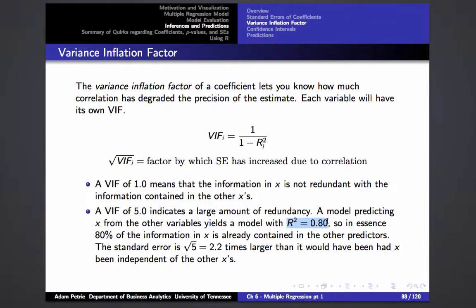So a multiple regression model predicting xi from the other x variables would have an R squared of 80%, and that's huge. In essence, 80% of the information in X is already contained in the other predictors. And so the standard error of my coefficient for that X is the square root of 5, or about 2.2 times larger than it would have been had all the X's been independent.